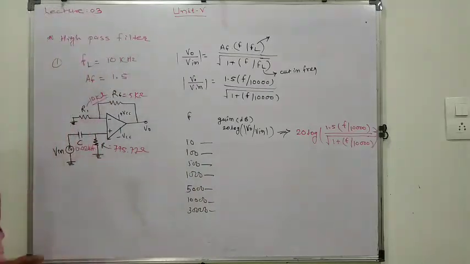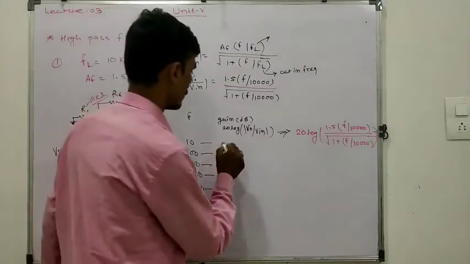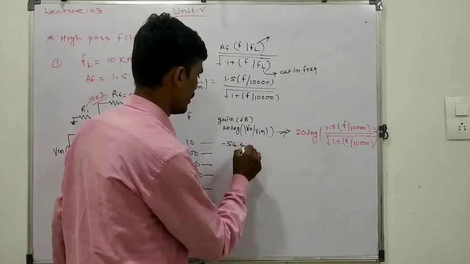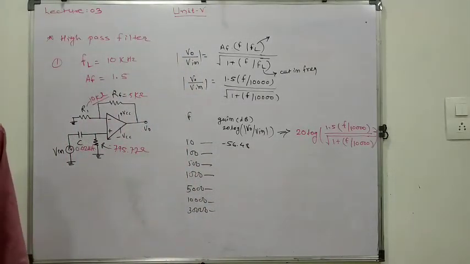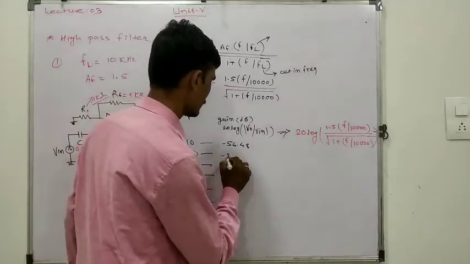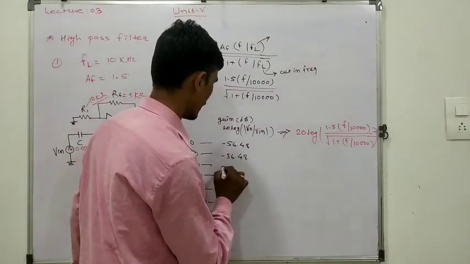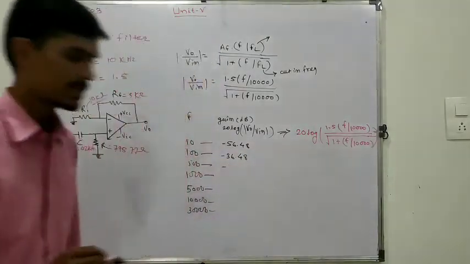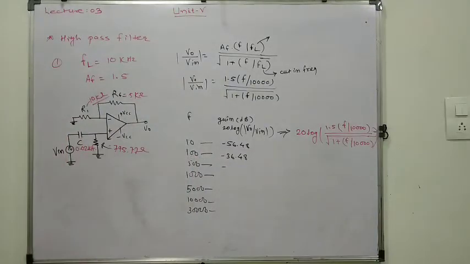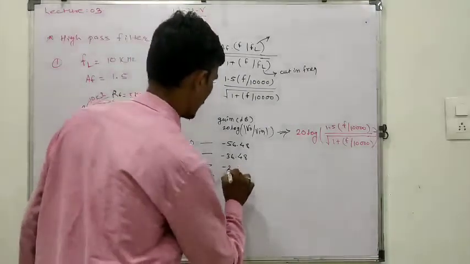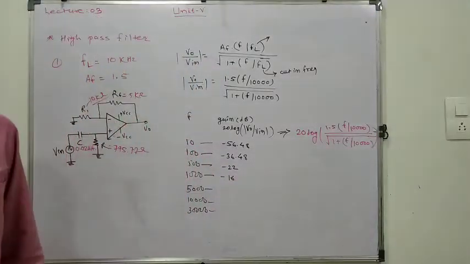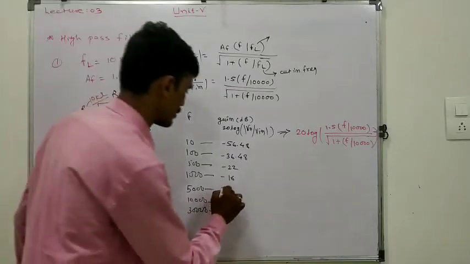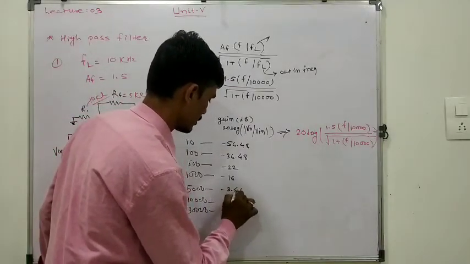By editing F every time, using 10, 100, 500, 1000, 10,000 and so on, we get different values. The first value is minus 56.48. The second value is minus 36.48. The third value is minus 22. Then minus 16. Then minus 3.06.